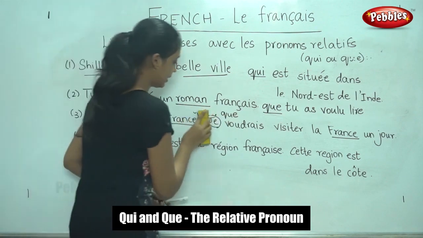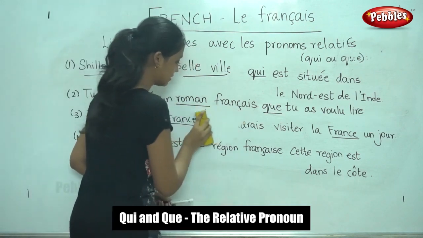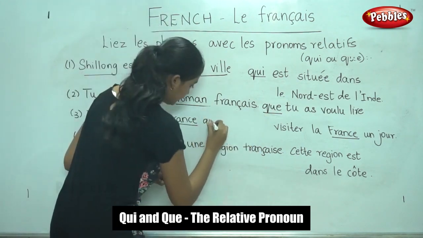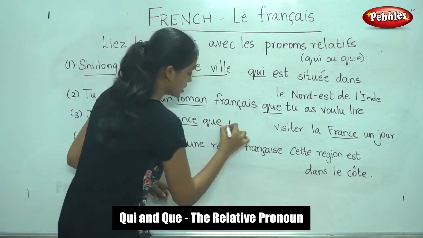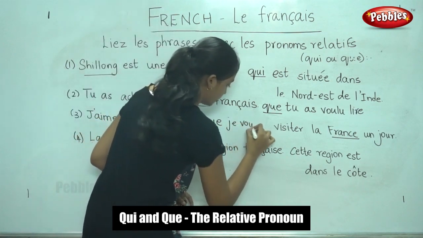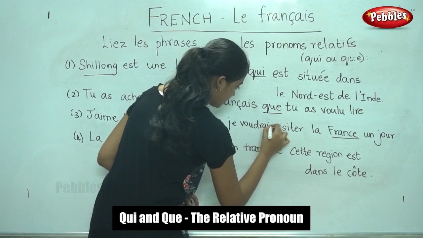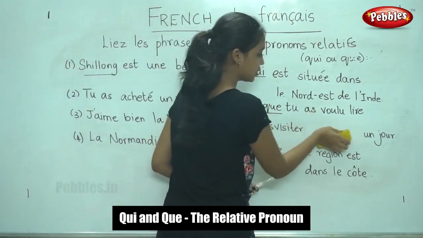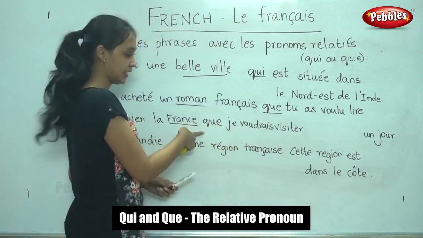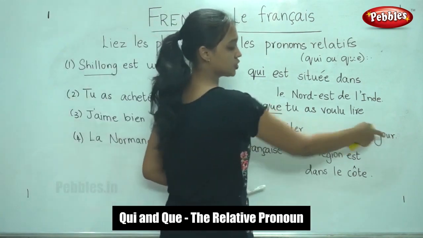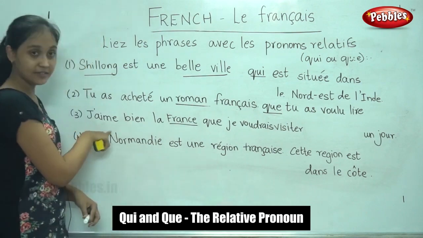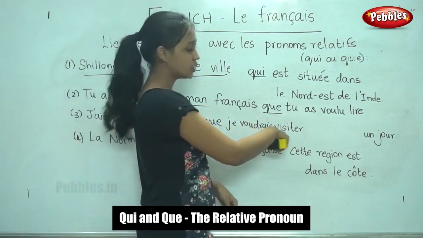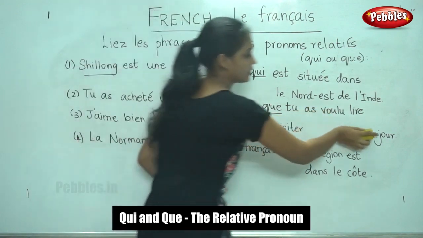So, we would rewrite this sentence as que je voudrais visiter, and we shouldn't write this word again because we have replaced that with que, right? So visiter un jour. I like France very much, which I would like to visit one day.